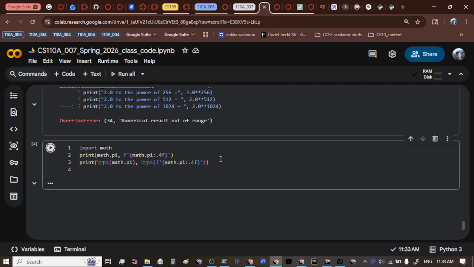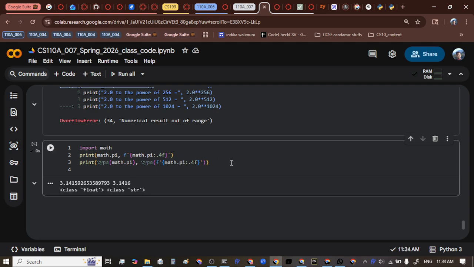Is it float? No, right? It's a string. And that's why we call it a formatted string. Here's the revelation: it's not a number anymore. It's actually a string because it's a formatted string.